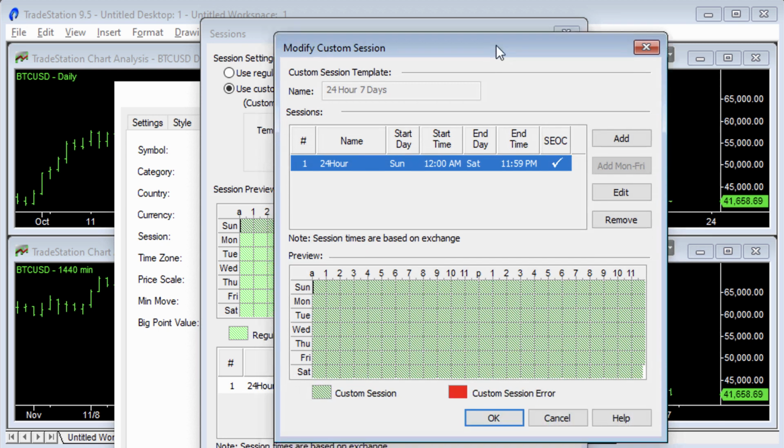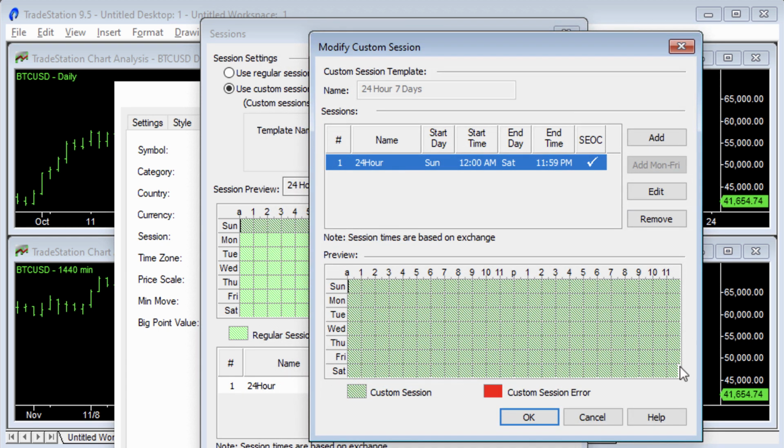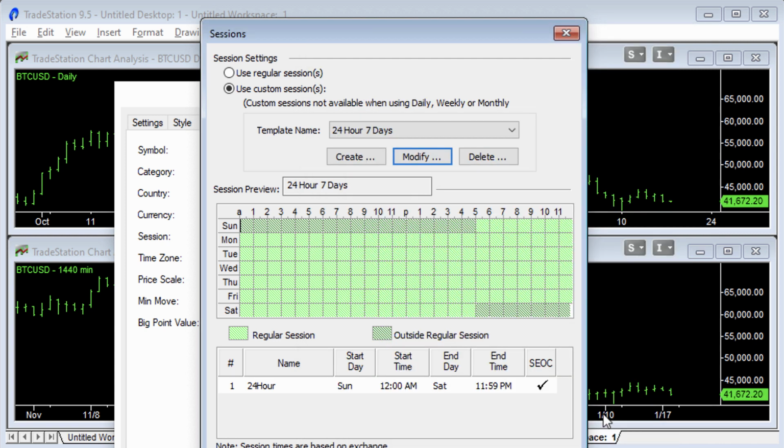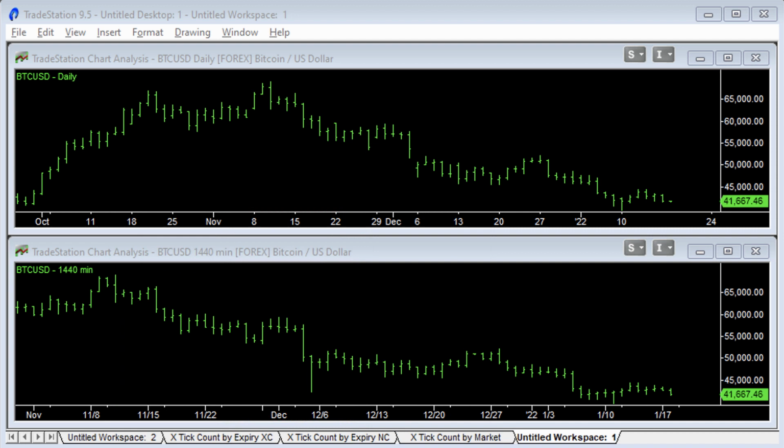And you can see everything's green there, with the exception of that minute between the end of one week and the beginning of the next. That's just a little glitch that we have to deal with, because we can't actually capture all of that. But by doing that, you can now use a 24/7 chart, and because the weekends are very active for Bitcoin, you're going to capture this activity here.